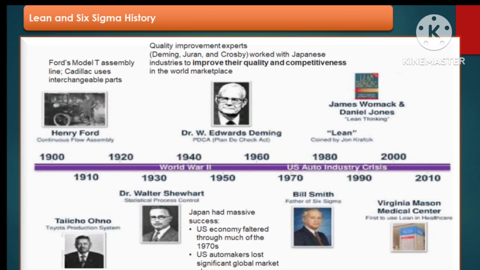Kai means good, and Zen means change. So good change means you find small opportunities, grab them, and work on them to improve the process. This is the history of Lean Six Sigma, how we evolved over a period of time.